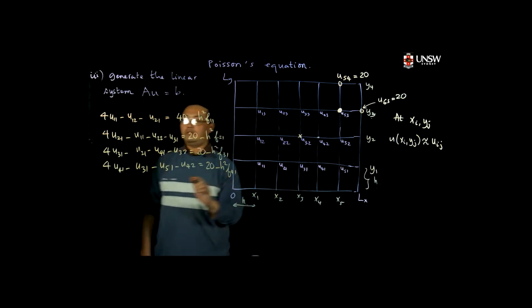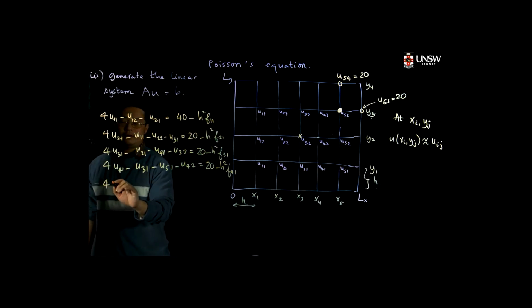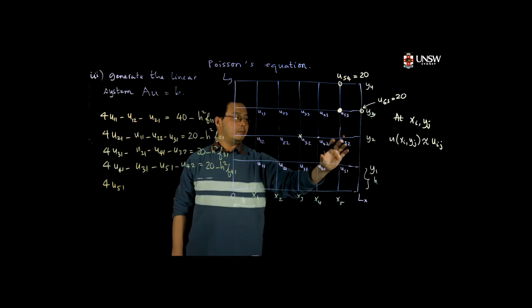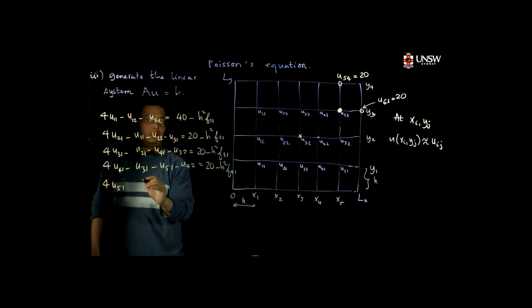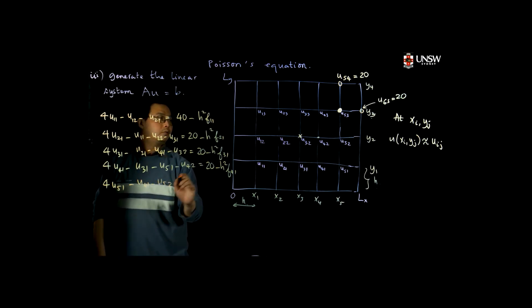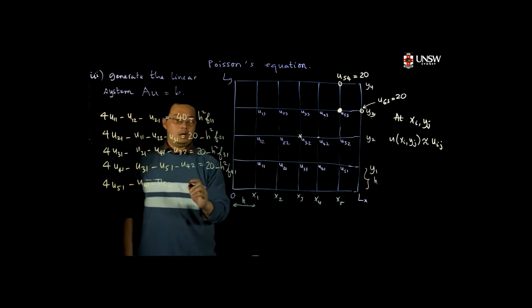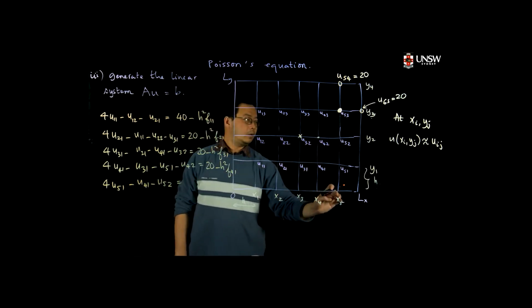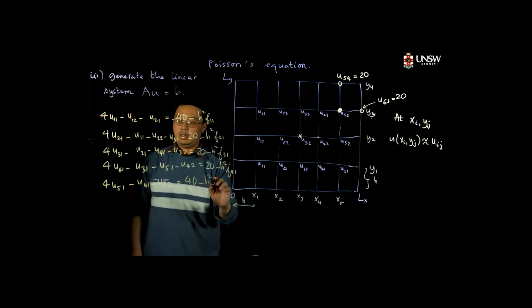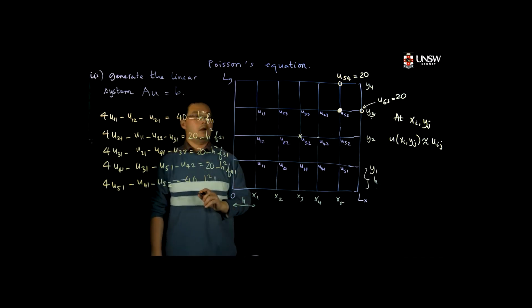And then for U51, you have 2 unknown neighbors, so minus U41, minus U52, and then equal 20 here, 20 here, so 40 minus h square f51.